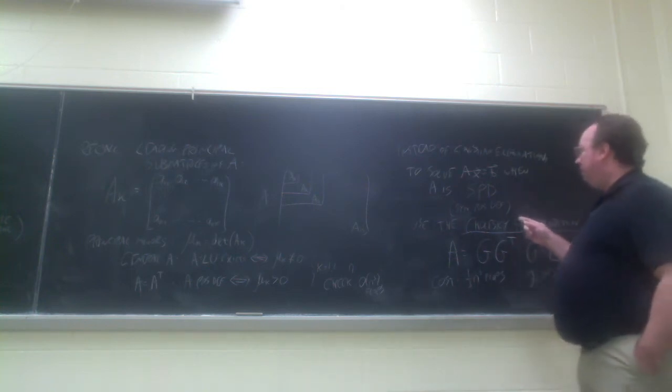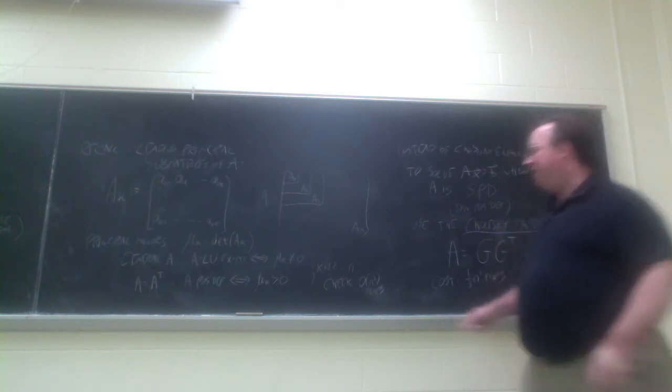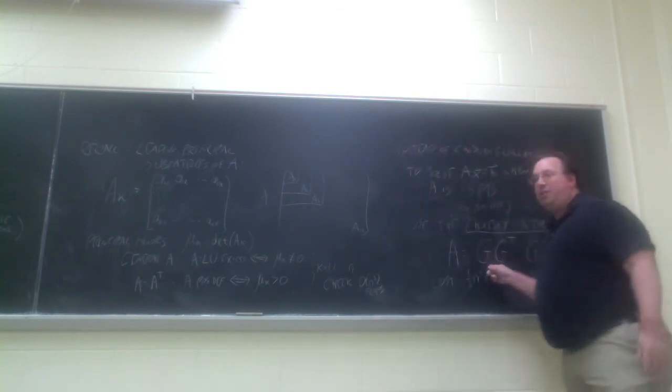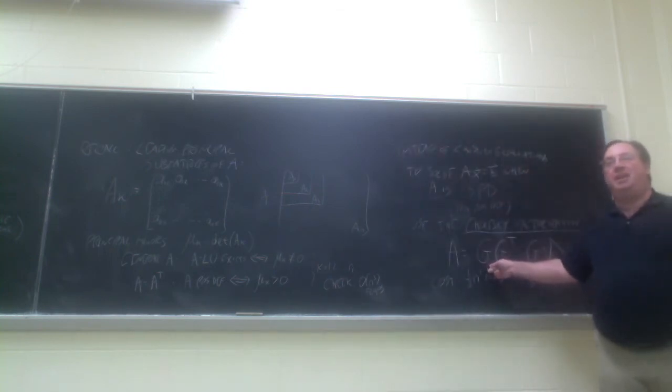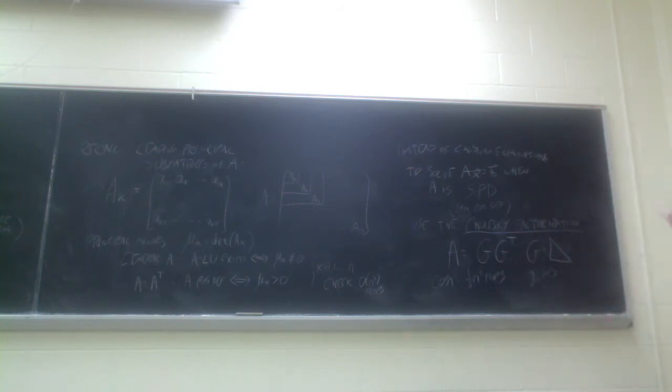In fact, an effective way to check if A is symmetric positive definite is to go ahead and try to compute Cholesky. And if it's not, it'll fail. Because what you're going to see is Cholesky factorization involves square roots.